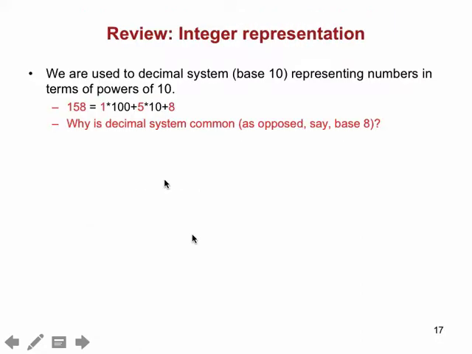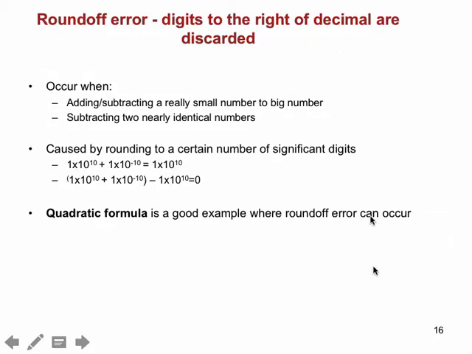The quadratic formula is a very good example of when roundoff error can occur, and there's a problem on your homework that is related to the quadratic formula. Basically, the solution to the quadratic equation ax squared plus bx plus c equal to 0 is minus b plus or minus the square root of something, divided by 2a.